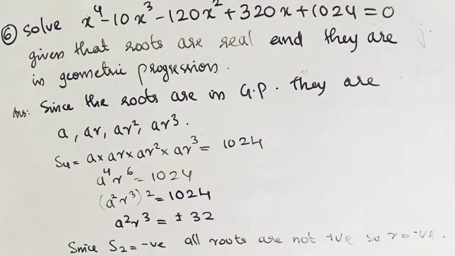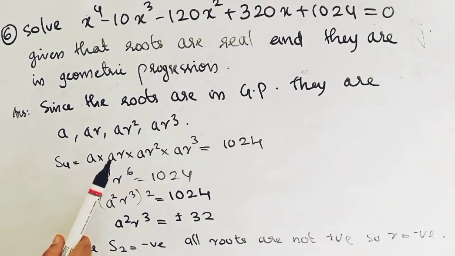Solve x raised to 4 minus 10x cube minus 120x square plus 320x plus 1024 is equal to 0, given that the roots are real and they are in geometric progression. Since the roots are in geometric progression, they can be a, ar square and ar cube. Now we can find S4.